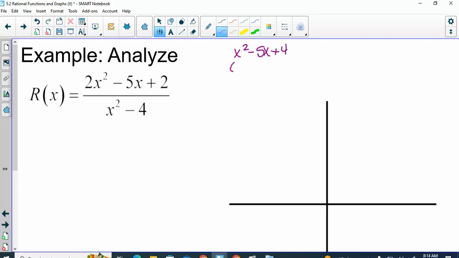What's that factor into? x minus 4, x minus 1. And then we have to divide the 2x minus 2, x. Sorry, correction.